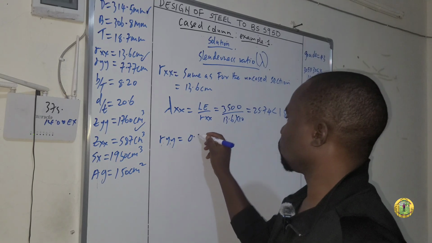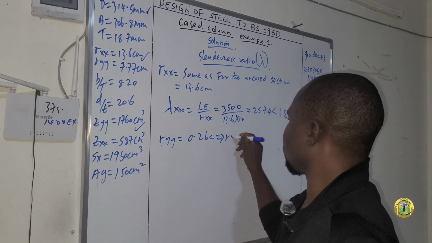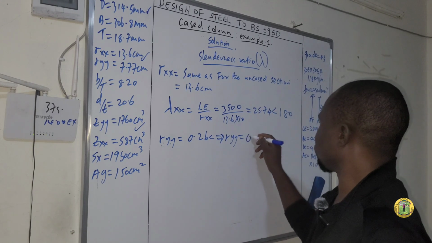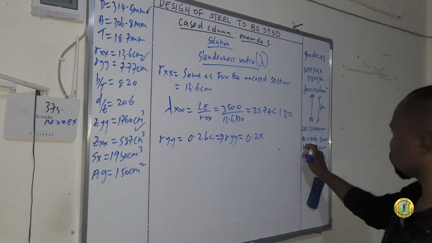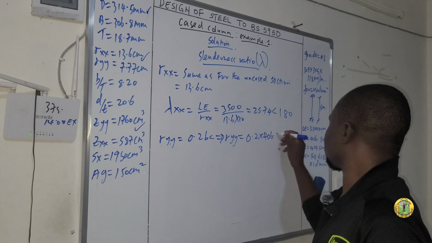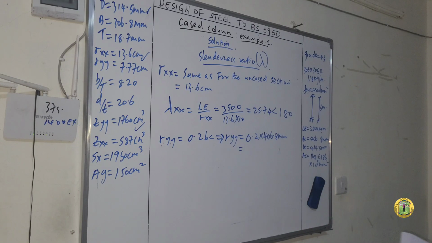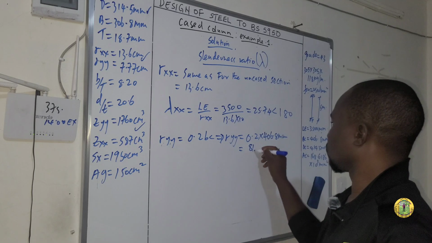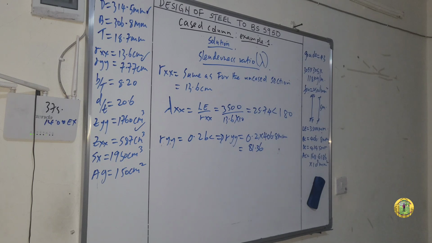Which implies RYY is equal to 0.2 times BC, which is 406.8 millimeter. So this is equal to 81.36. And remember, there is a limit for RYY, the radius of gyration about the YY axis.